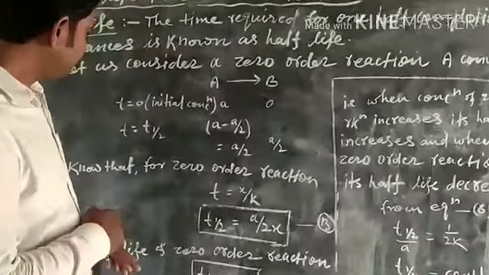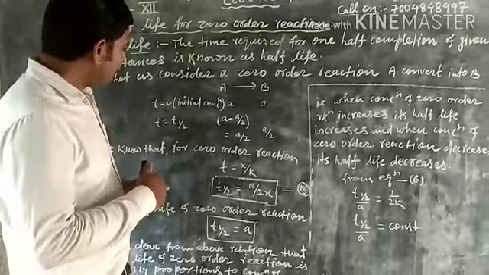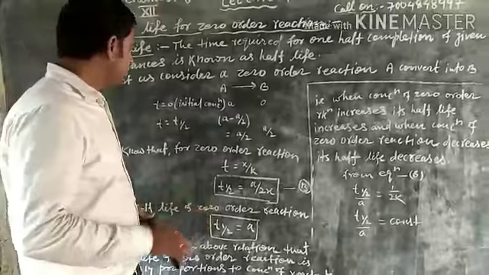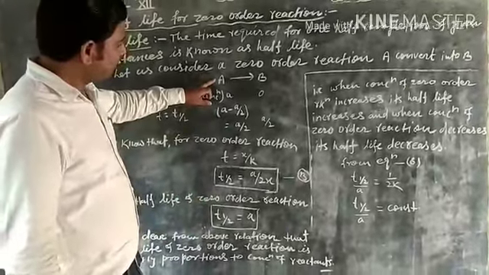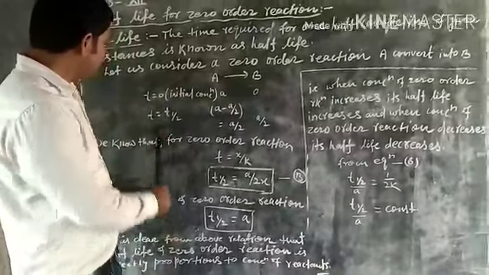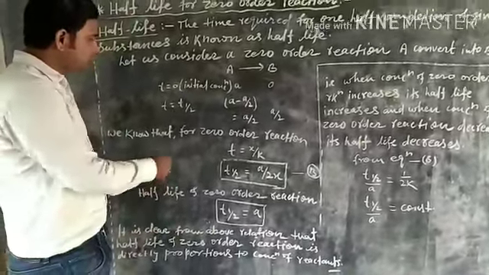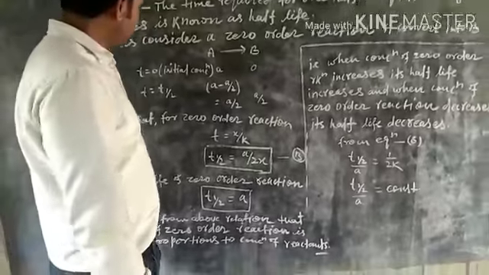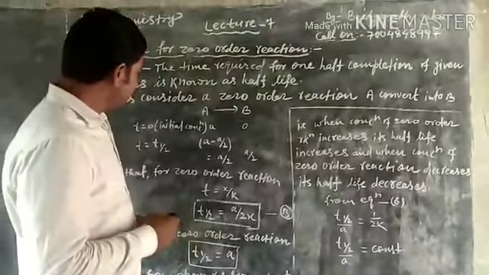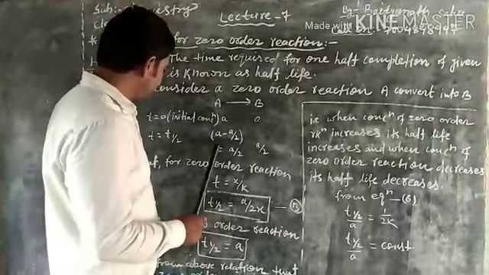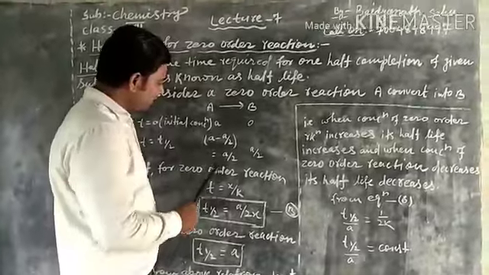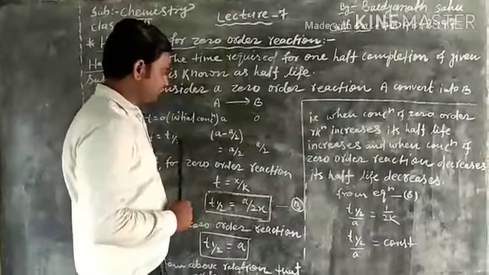T equals t half means the concentration after half completion of the reaction, when the reaction is half completed.